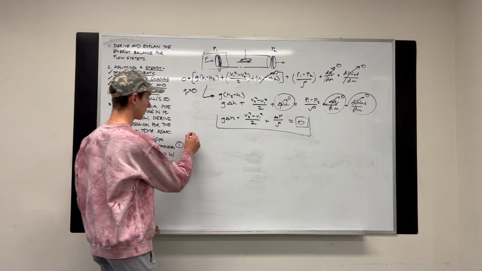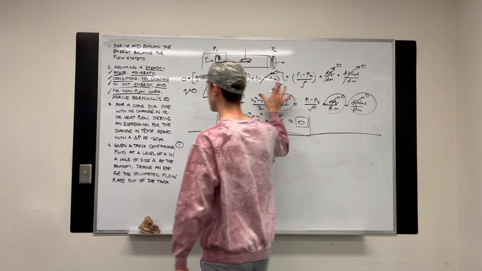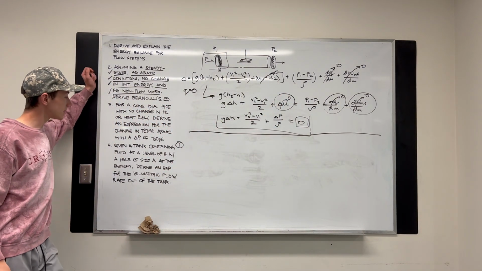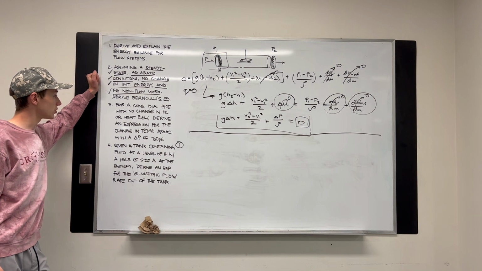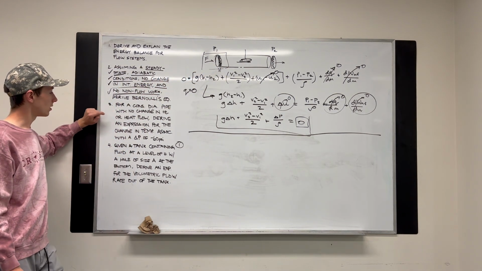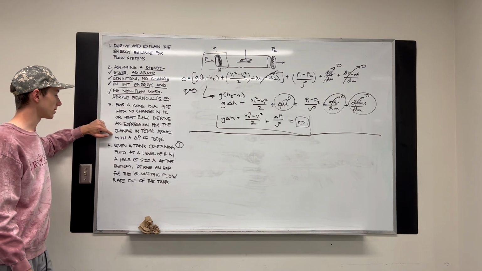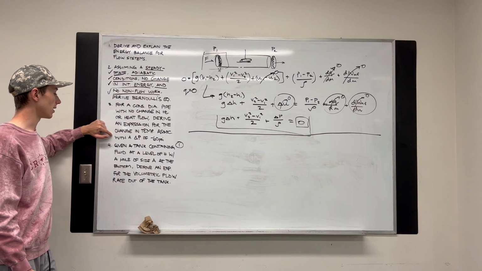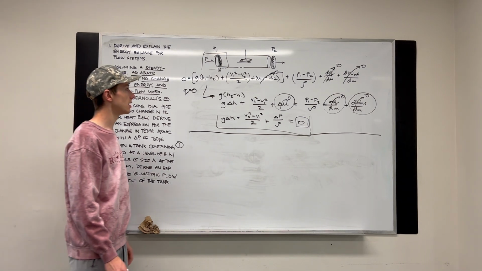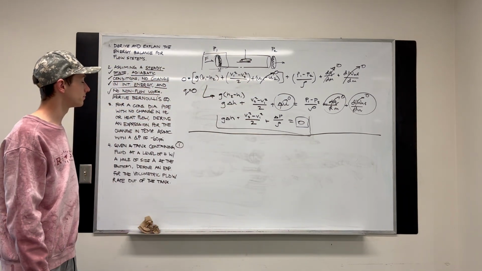I'm going to try to keep this up so that we can see this work and do number 3. So we have a constant diameter pipe with no change in height, kind of like this one right here, or heat flow. Derive an expression for the change in temperature associated with a change in pressure of negative 60 psi. So that basically means we're dropping 60 psi across the flow of the pipe.